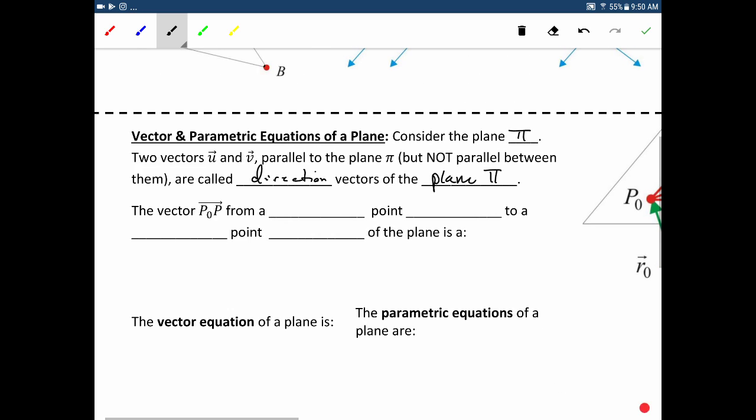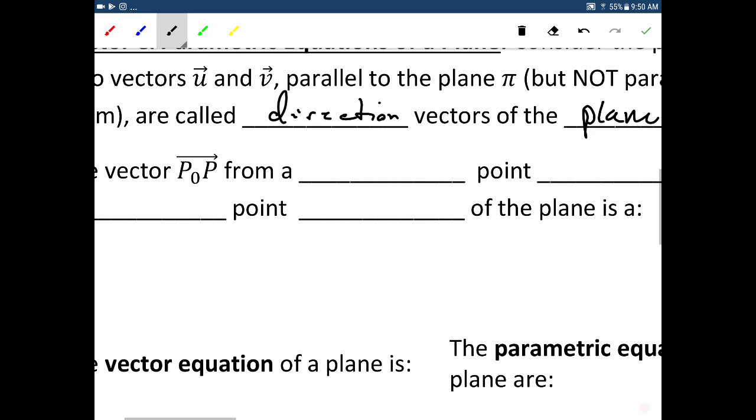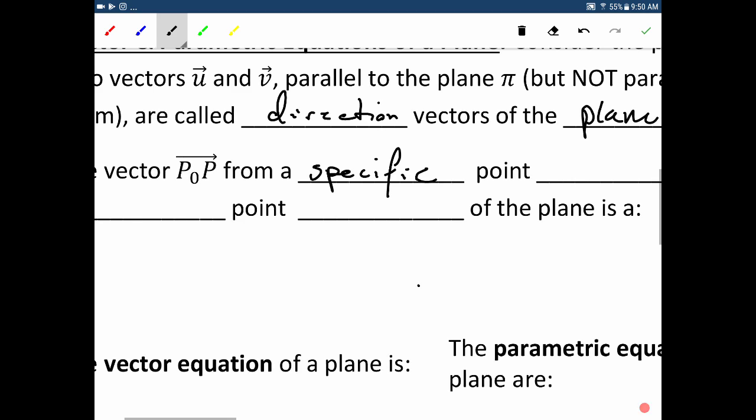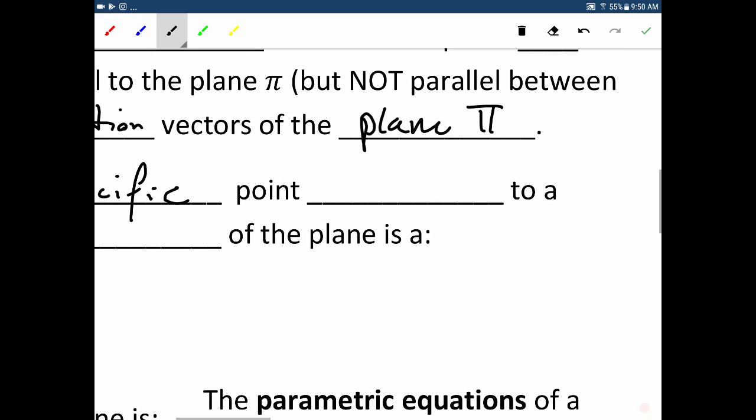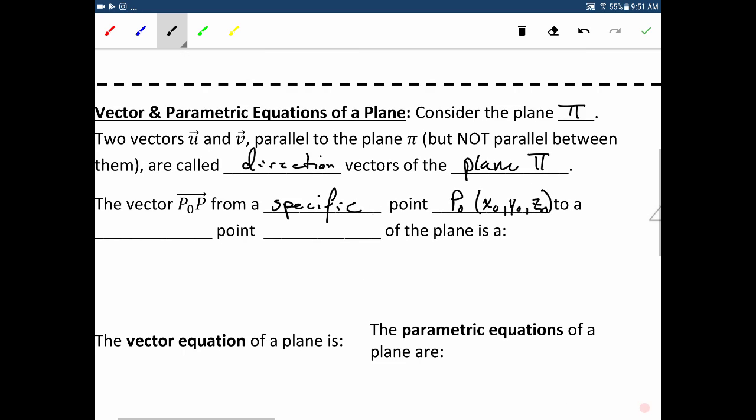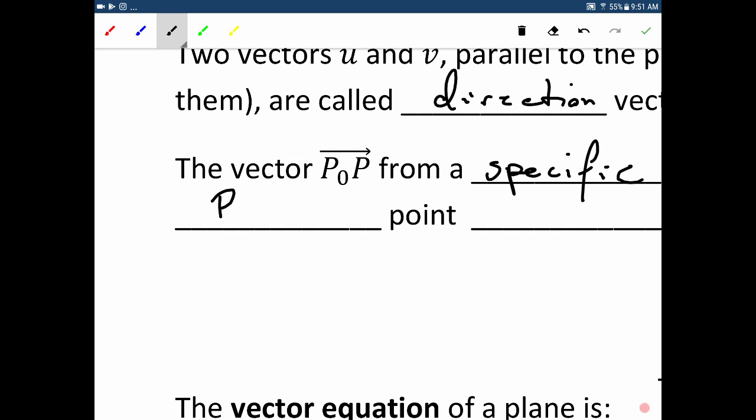Now, just like in a line, we will need a specific point on the plane, and the vector goes from that specific point, P0, to a generic point. Here's my specific point, which I wrote as x0, y0, z0. That's our starting point, just like with a line, and it goes to a generic point, which we'll just call P.